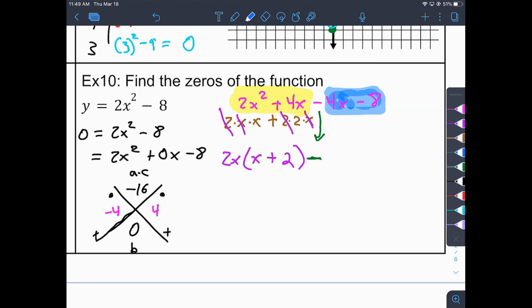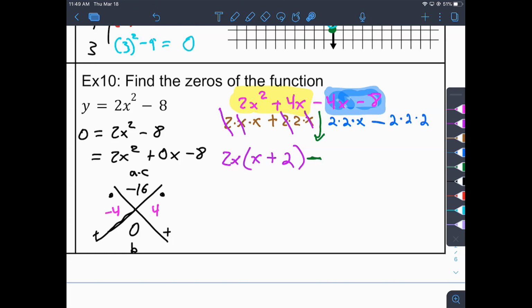What's in common with the second 2? Well, let's see. 4 is the same as 2 times 2, and then 4x, of course, is 2 times 2 times x. We have a minus sign. What's ways to make 8? Well, isn't it 2 times 2 times 2, I guess? 2 times 2 is 4, times 2 is 8.